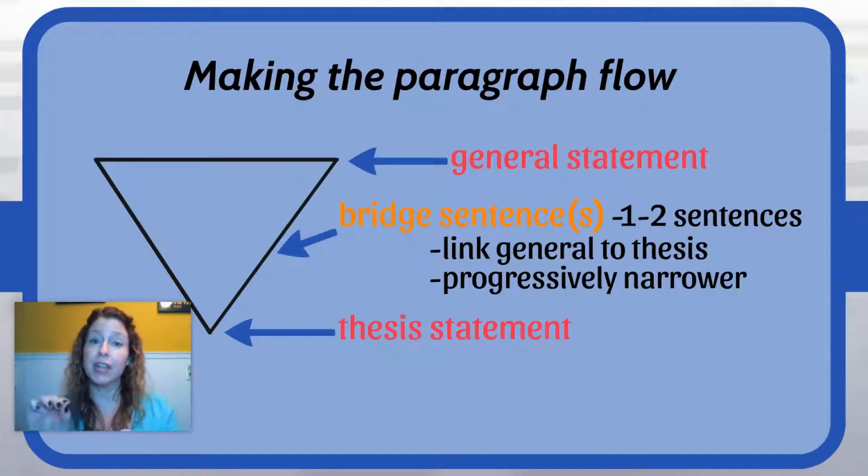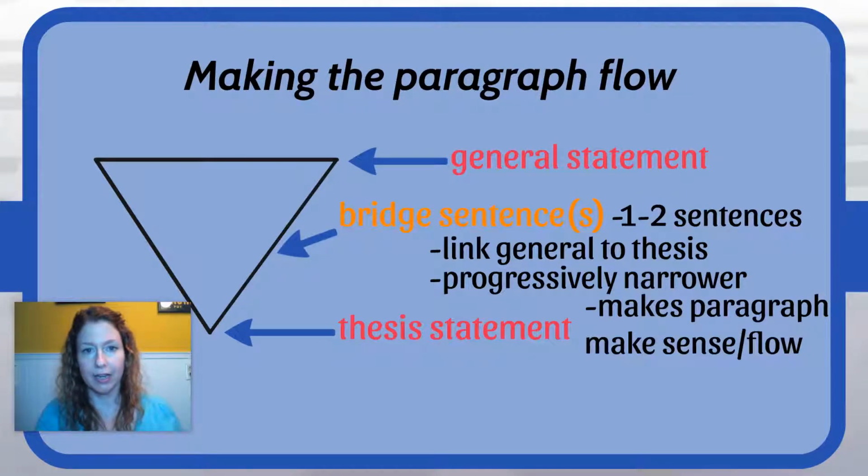So maybe our bridge statements will be a little bit more specific, and then our thesis is very specific. Doesn't have to be that way. It just has to be some sort of sentence or sentences that is going to make our paragraph make sense. So in some way, we're going to link sentence A to sentence B in some sort of understandable way.